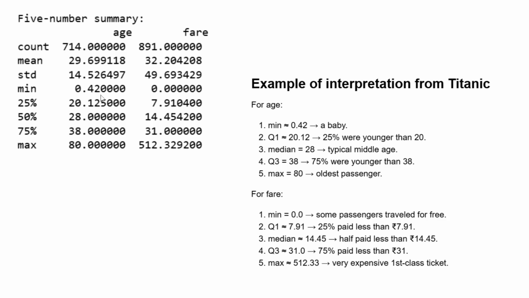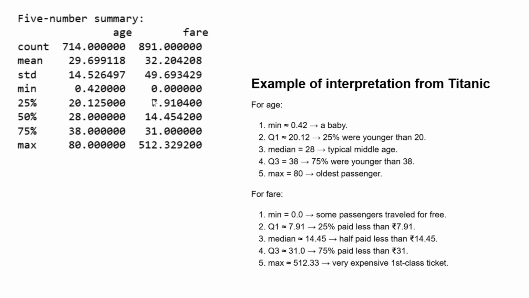I hope you understood. If the fare has the value 1, that means there were certain passengers who paid only rupees 1. And since I got an entry of 0, that means there are certain passengers who have paid nothing. This is the simple interpretation.